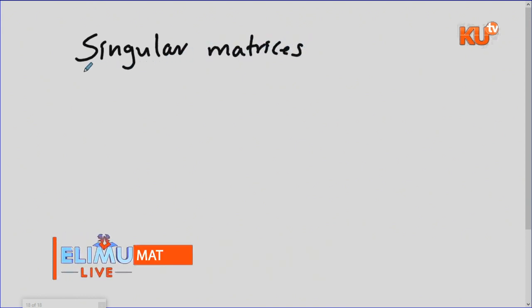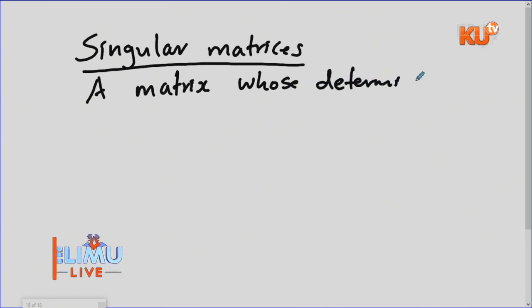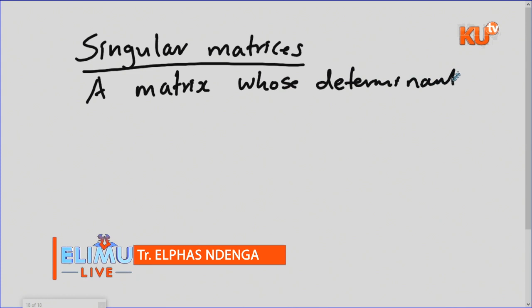We have singular matrices. When you're looking at singular matrices, it's simply a matrix whose determinant is 0.